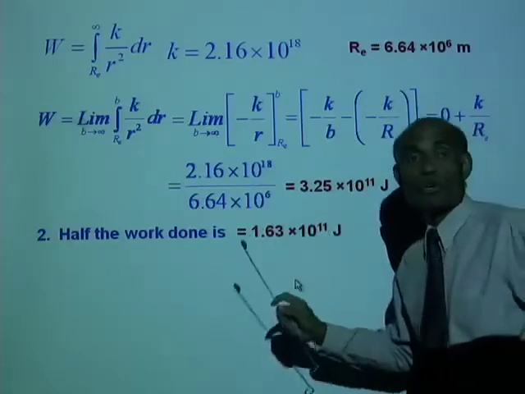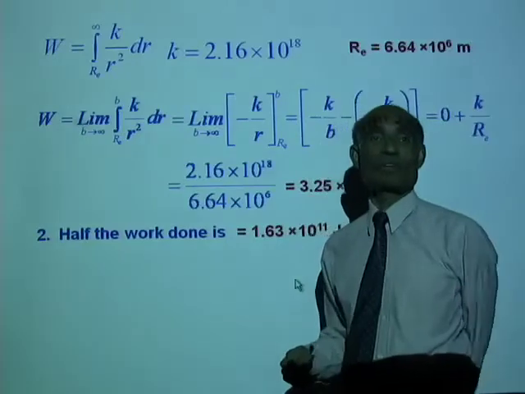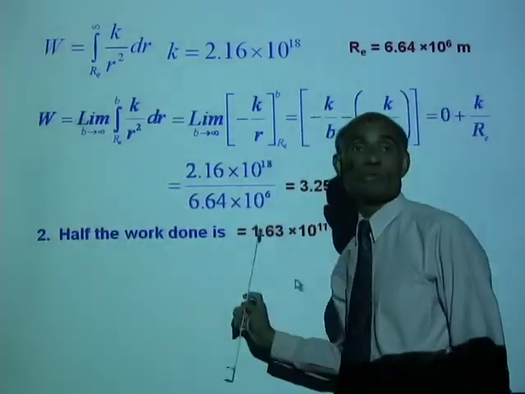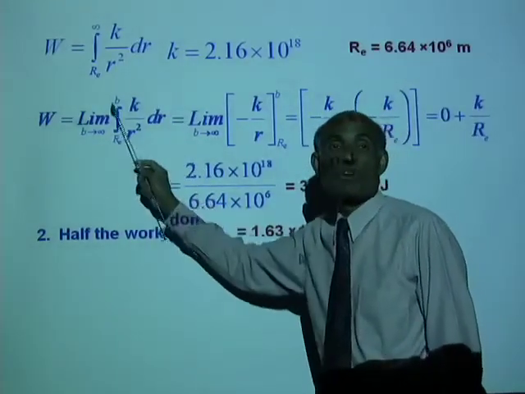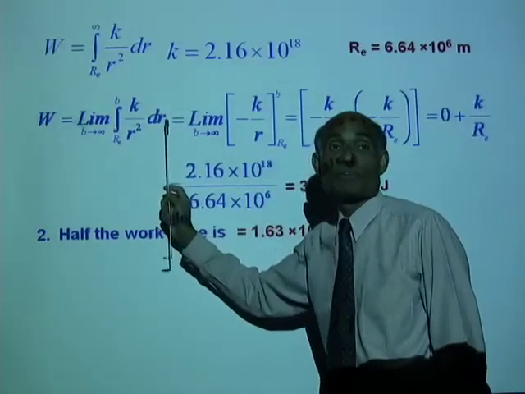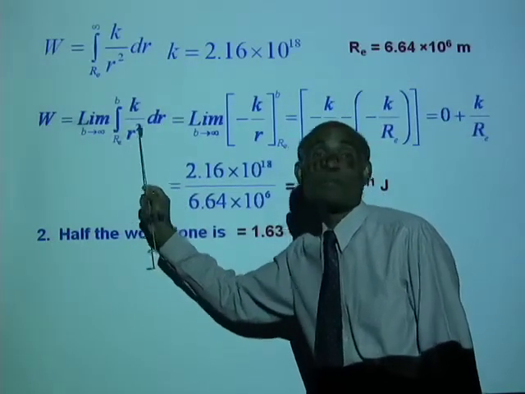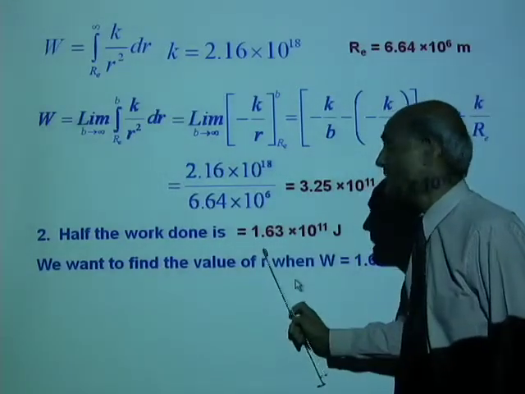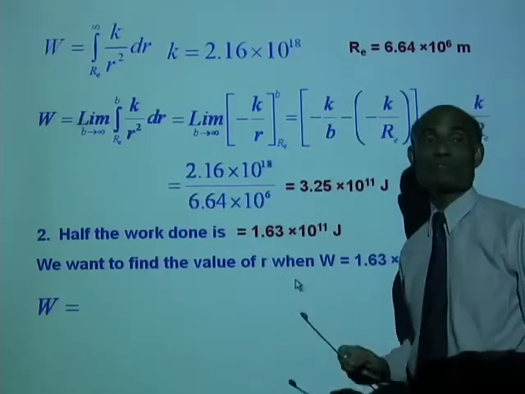When this is the work done, how far is the rocket from the surface of the Earth? What we need to do is put W equal to this value and then evaluate that integral one more time. Is that right? And find the value of that r. That's what we need to do. So we want to find the value of r when the work done is equal to this.